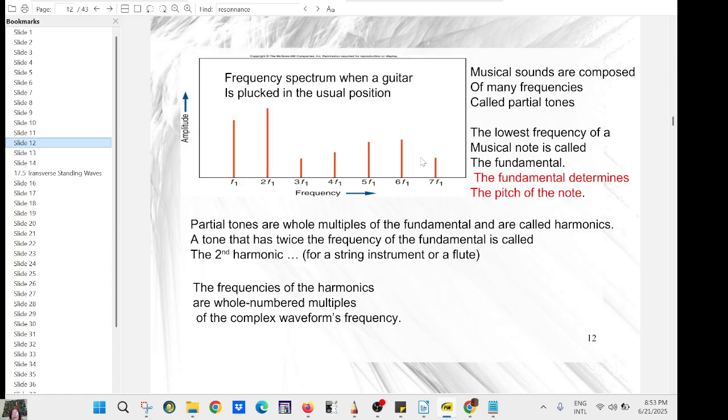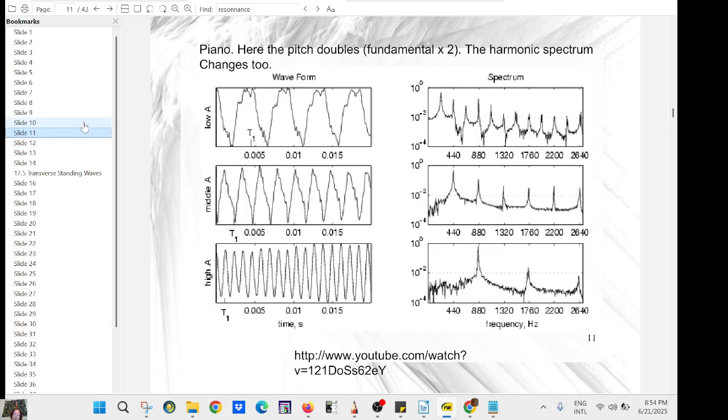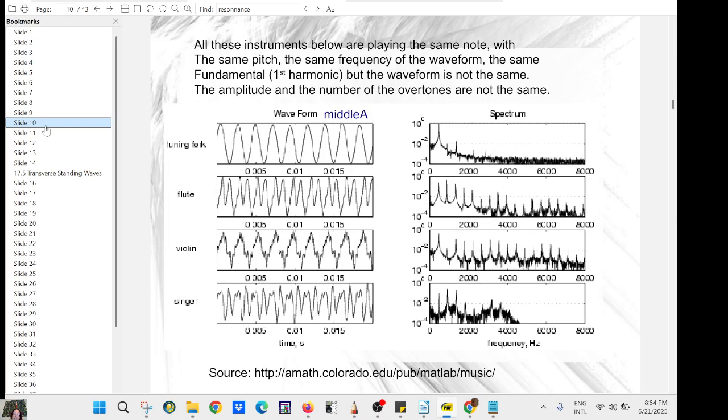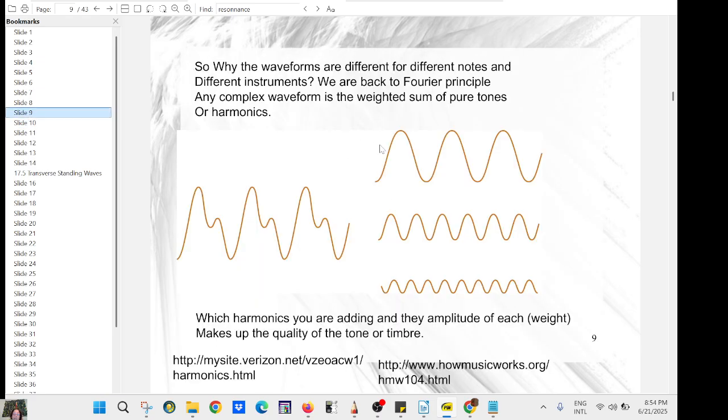And when you add the standing waves, they have a different weight, so the amplitude will be different. But the pitch that we hear, the frequency we hear, will be given only by the fundamental. So any music we listen to is a mix of all the standing waves, but with different weight on them.